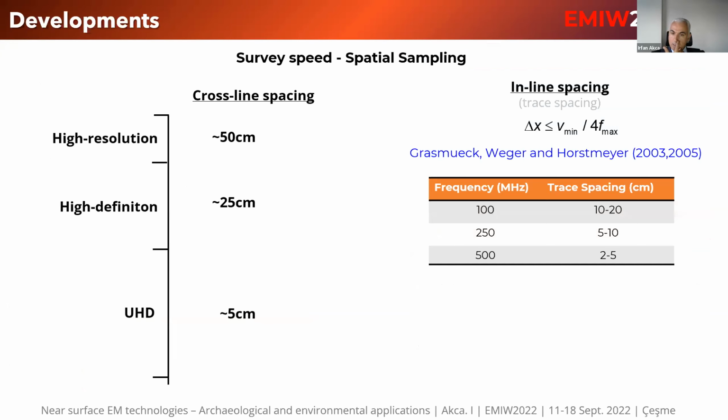Okay, in the beginning, when the application of GPR started, we thought that cross-line spacing of 50 centimeters was a high resolution measurement. Then we tried to decrease this distance, so we can now use 5 centimeters of cross-line spacing, which means we have adjacent traces where the spacing is just 5 centimeters.